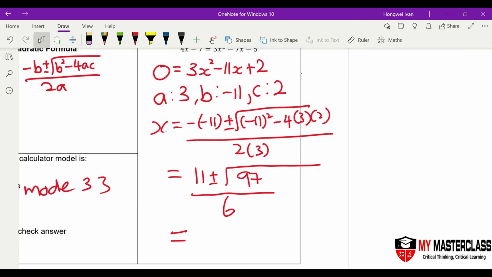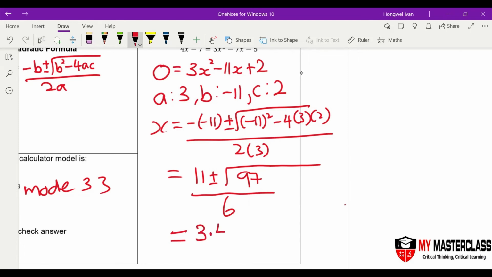Yes, it is a decimal. A is 3, b is negative 11. Okay, so the standard presentation is you come to here. Tell me the first one, Kevin.